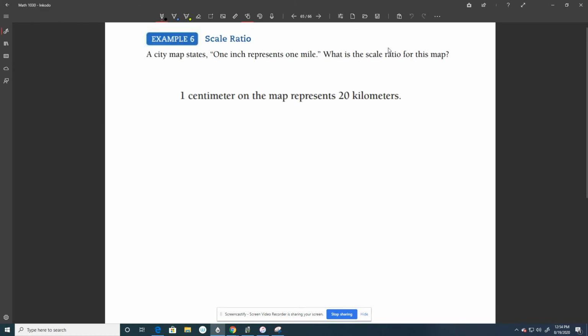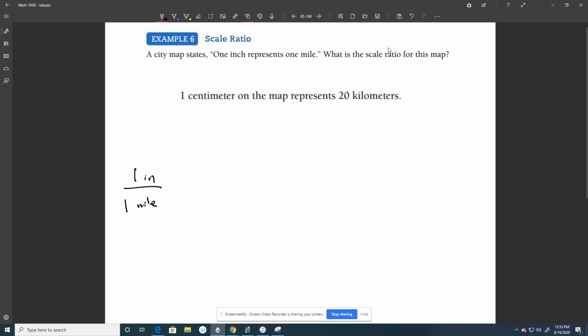So for example, and then I'm going to just let you get on with the homework. If a city map says 1 inch represents 1 mile, what is the scale ratio? So it's saying that 1 inch is equivalent to 1 mile. Well, I'm comparing 2 different units, and this is hard to do with the American system of measuring things because we can't easily go from inches to miles.